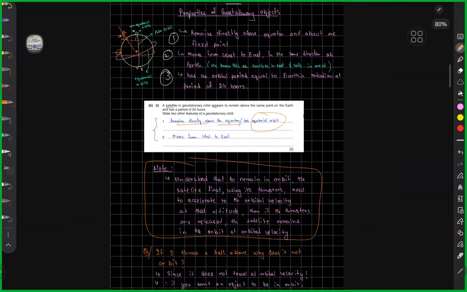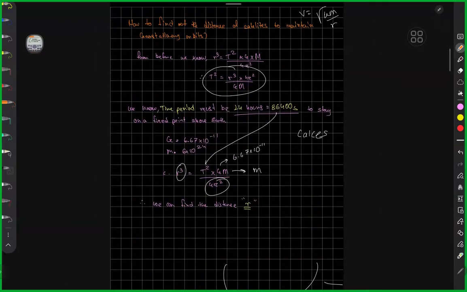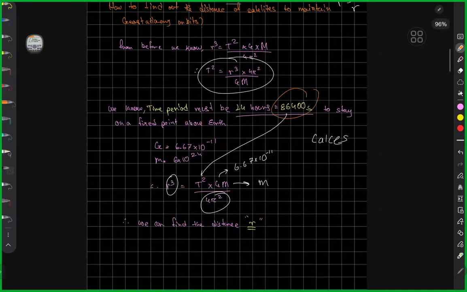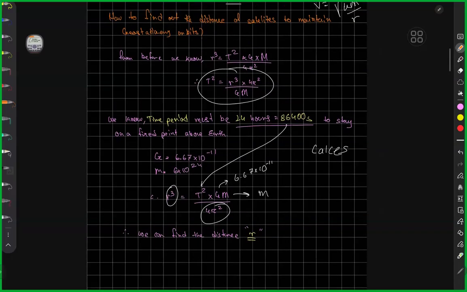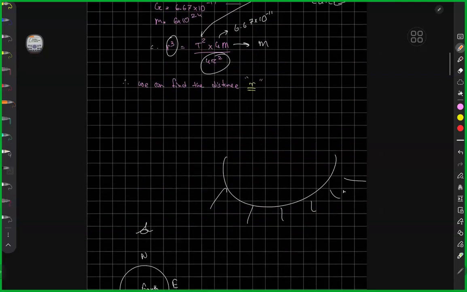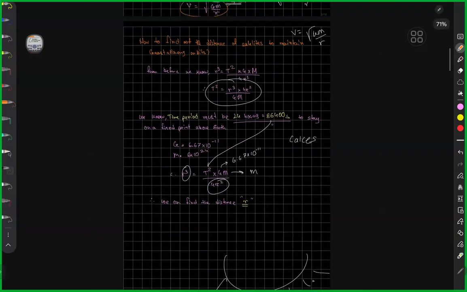Yeah, so when we did this calculation, we put in 24 hours, so 86,400 seconds, and we found out that my orbit has to be at a specific distance. So r is the cube root of 86,400 seconds times 6.67 times 10 to the power minus 11 times the mass of Earth, divided by 4 pi squared.